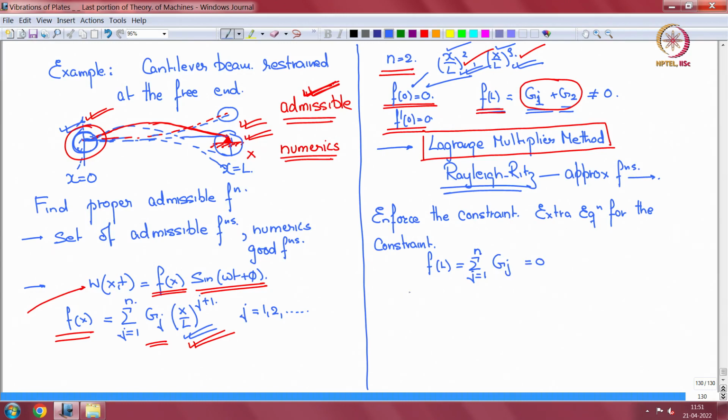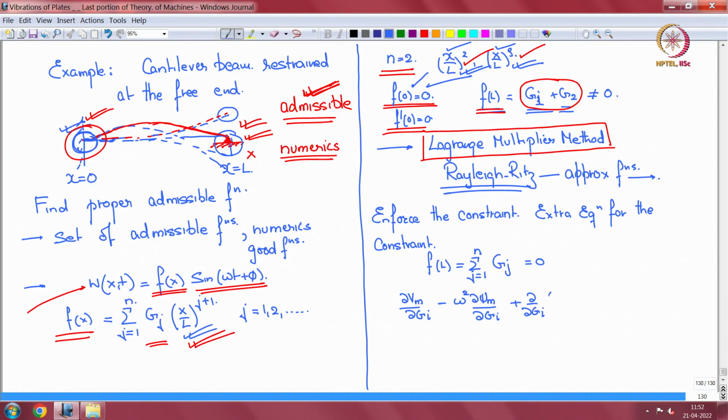Then what are the other equations? The other equations are del Vm by del gi, minus omega squared del psi m by del gi, plus del gi.